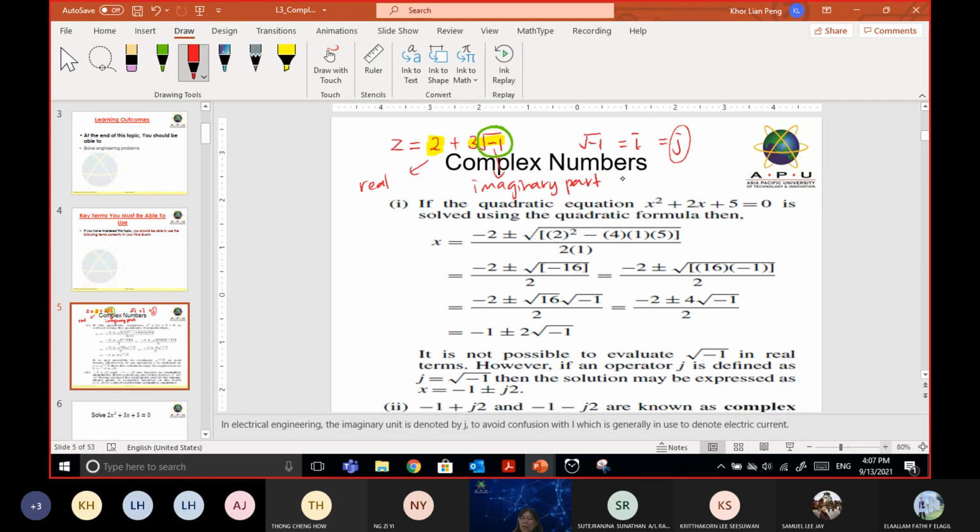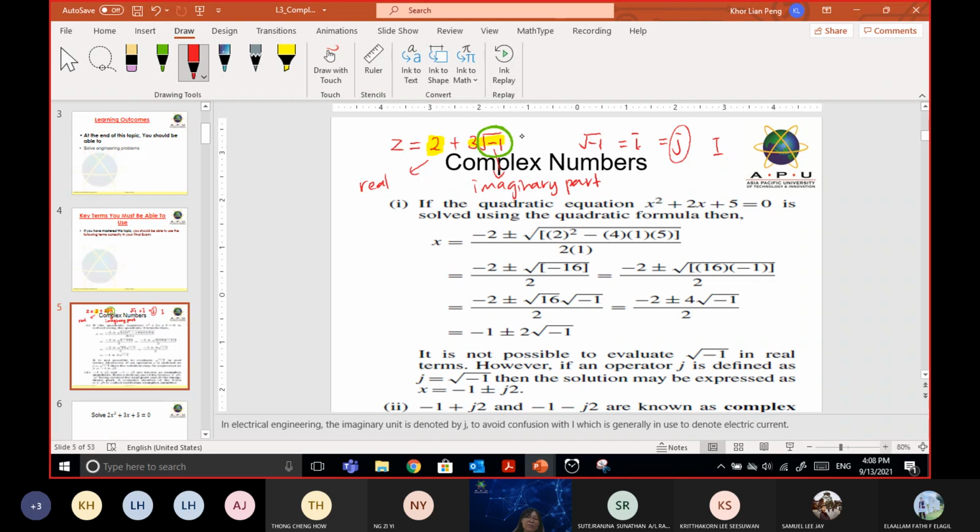In assessment questions, sometimes you see i, sometimes j, and you have to understand that both refer to square root of -1. In engineering we use j more, because i is commonly used to represent current. So in order not to get confused with the notation of current, we use j to represent square root of -1.